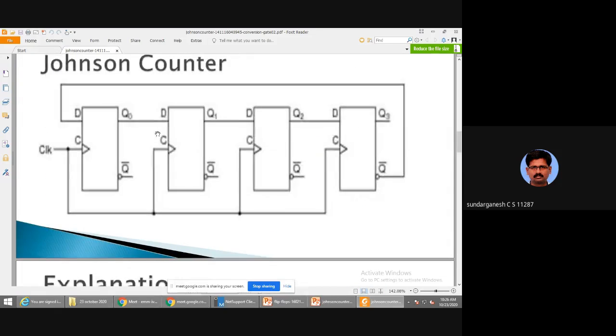So this is the connection for the Johnson counter. You have four flip-flops, and all the clocks are connected together, so it is a synchronous circuit. In the diagram, the Q bar output of the last flip-flop is connected as the D input to the first flip-flop.